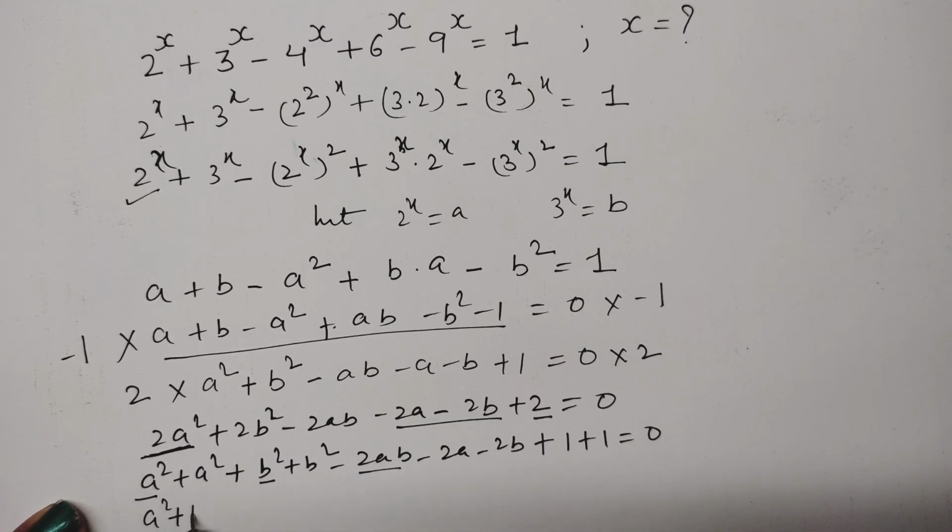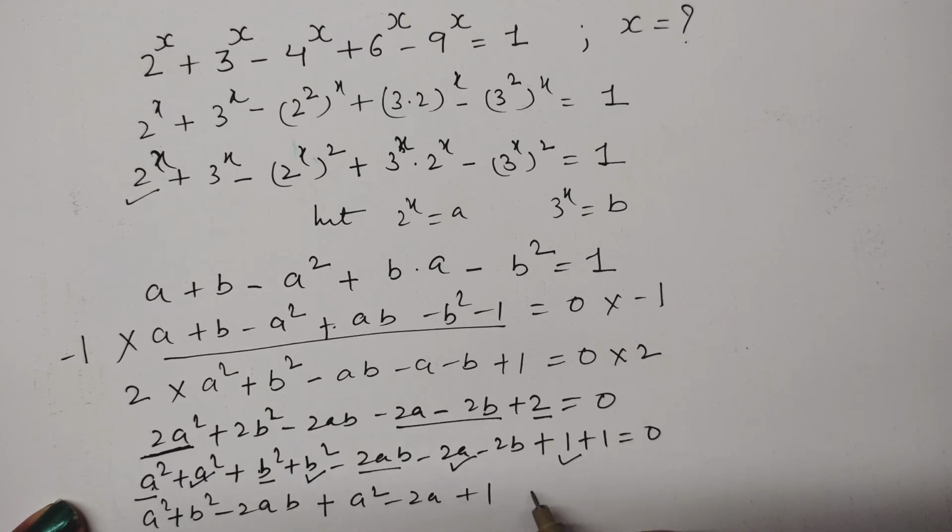These terms will make the identity. Then this one plus a square and this one minus 2a plus 1 will also make the identity.